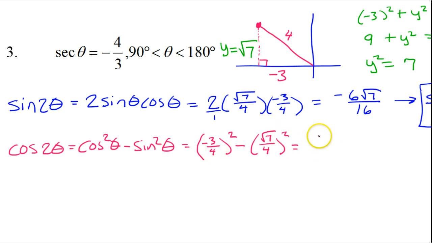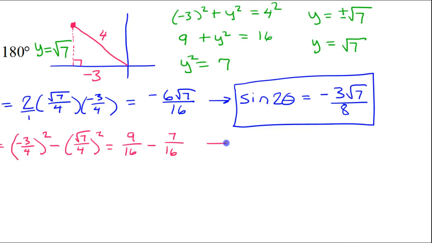So that's going to be 9/16. Alright, I'm squaring this. Minus 7/16. Alright, radical 7 squared is just 7. And so I think we're coming up on the final answer.